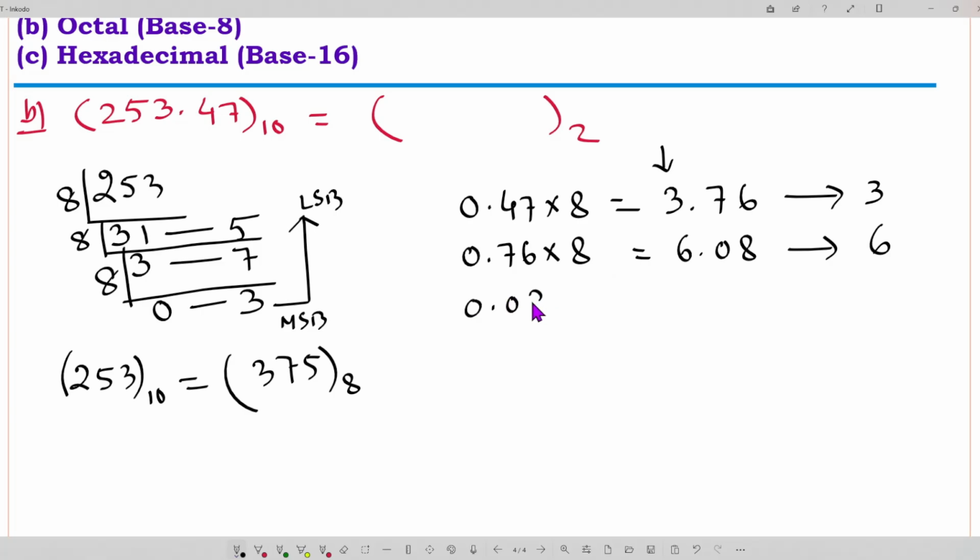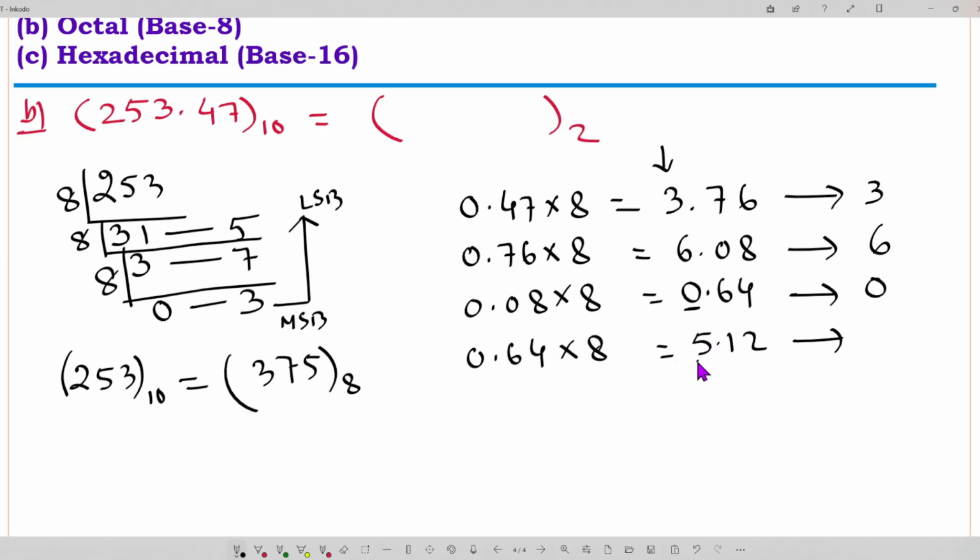Then 0.08 times 8, it will be 0.64. So this is 0. So we can take another one, 0.64 times 8, it will be 5.12. So here this one is 5. So we can stop here because it will continue, right? Because again 0.12 times 8 will be 0.96, right? So here is 0.